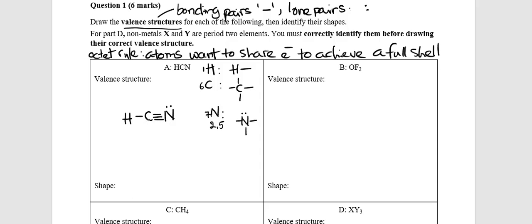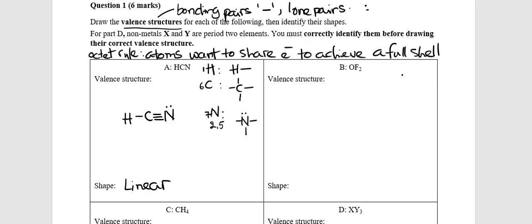The shape has to be linear, mainly because you want the pairs of electrons on the central atom, in this case carbon, to be as far apart from each other as possible. These 3 pairs of electrons need to be together because it is a triple bond, and obviously this pair is going to be in the opposite direction. So the shape for this is linear. That's part A.